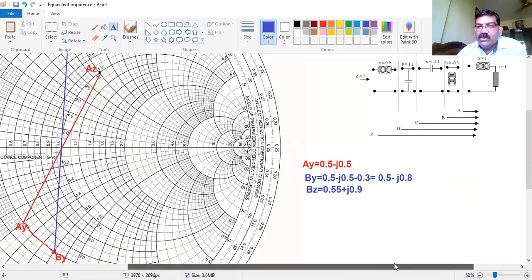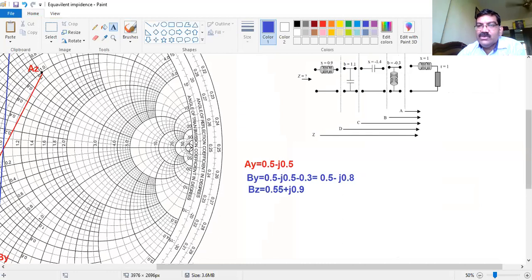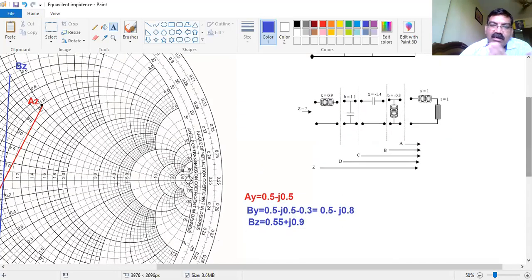Now I will come to the diagram. Continuously you have to switch to the diagram, and from the diagram you have to go to the Smith chart. Now, bz, what is the next point? We have to go for c. How will we get c?